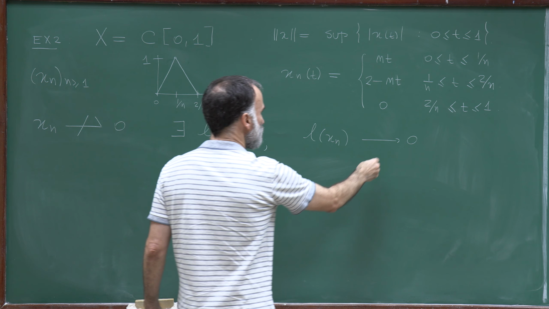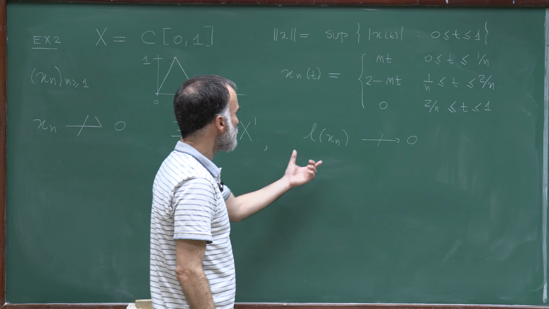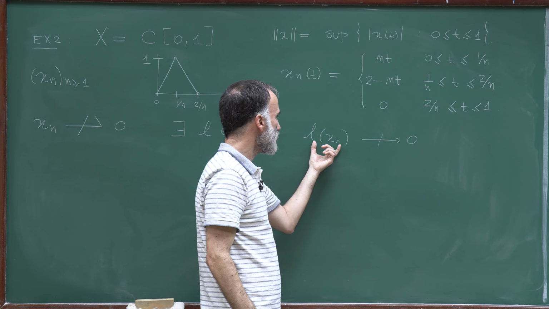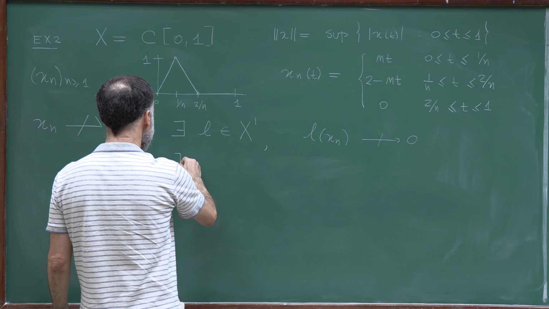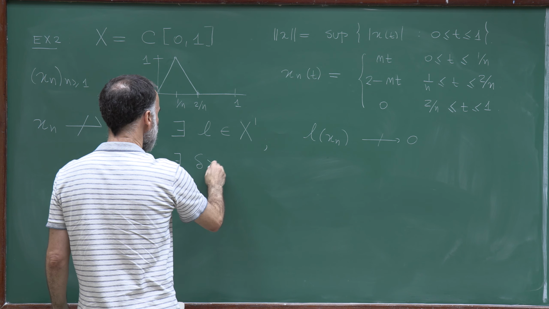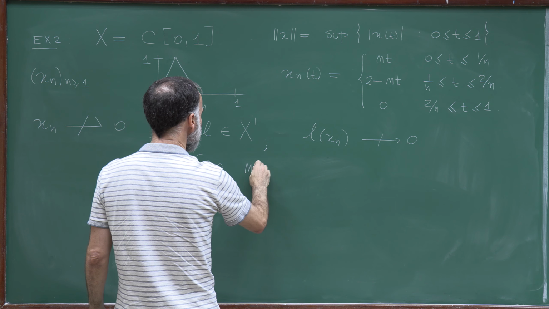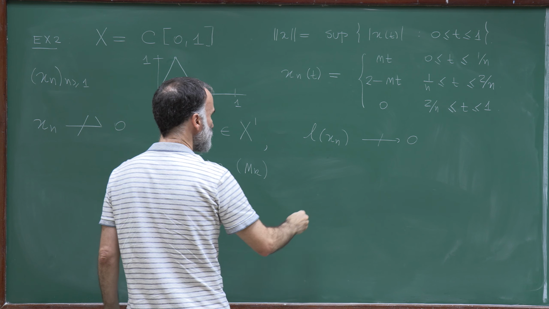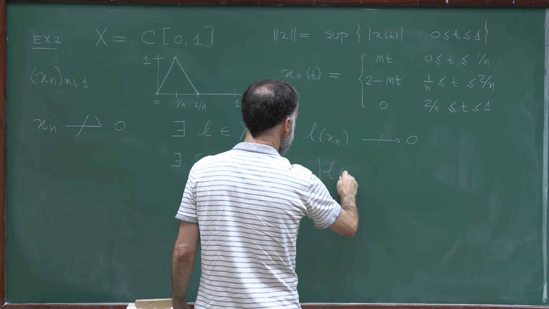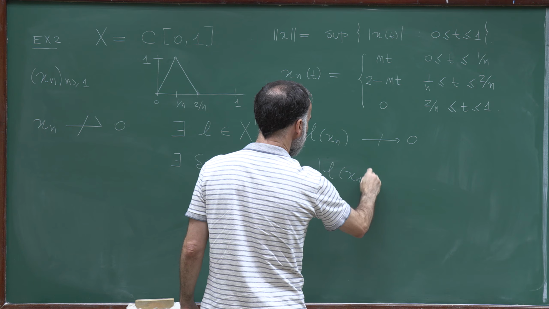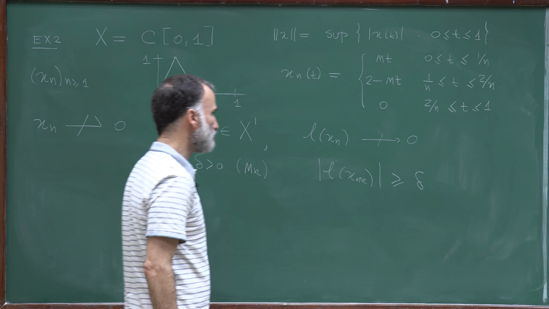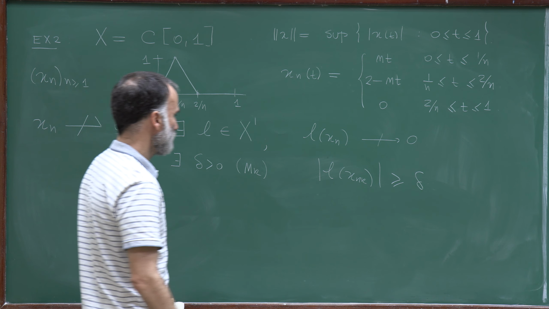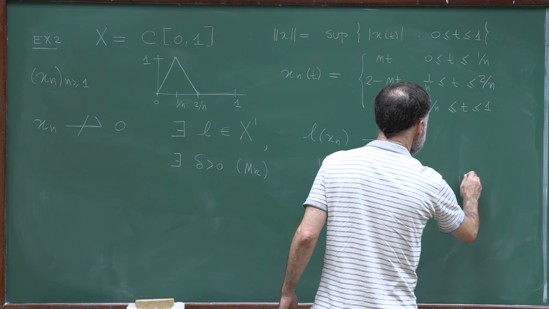So to say that L(x_n), which is a sequence of real numbers, doesn't converge to 0 means that there exists a positive delta and a subsequence n_k such that |L(x_{n_k})| is bounded below by delta, for all k.